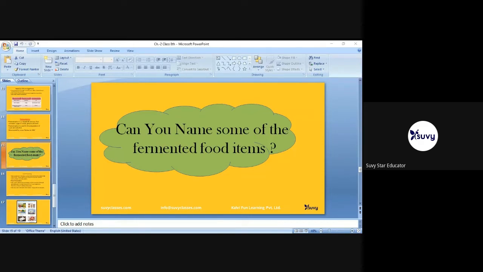Anyone else? Ma'am, can I repeat the question? I'm asking, can you name some of the fermented food items, Akshay? Ma'am, bread. Except bread, because bread has already been said by Bala.